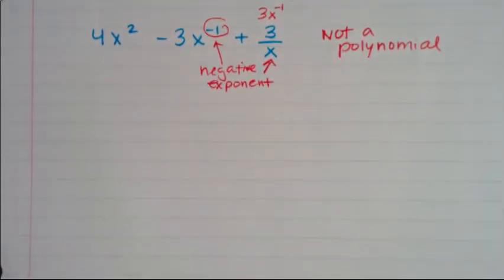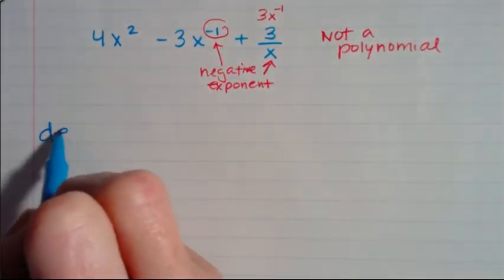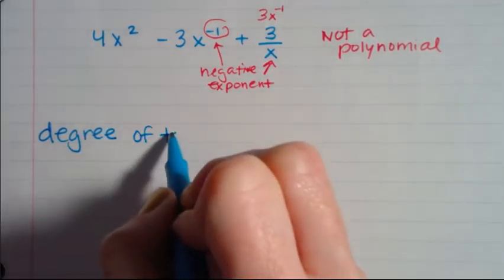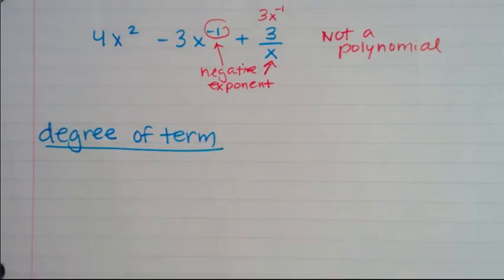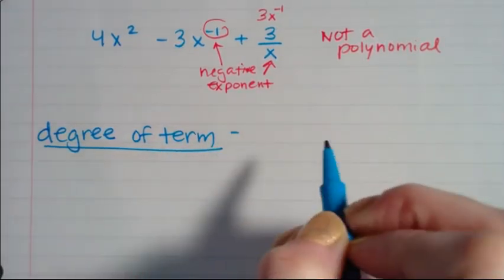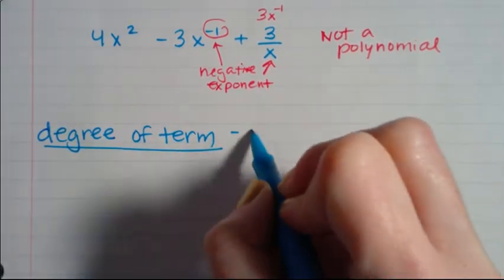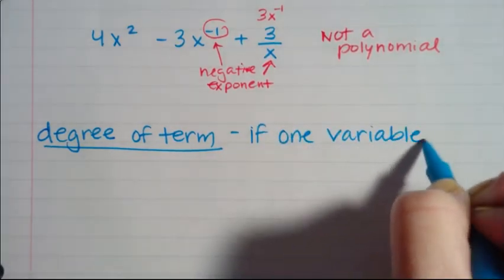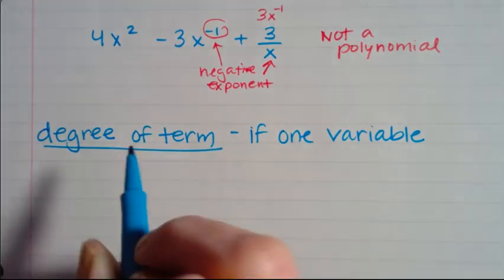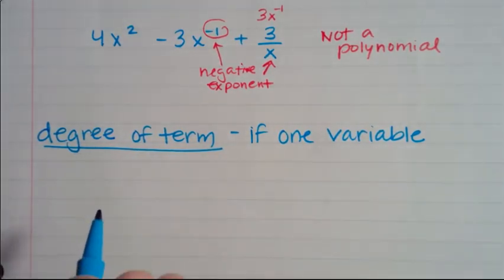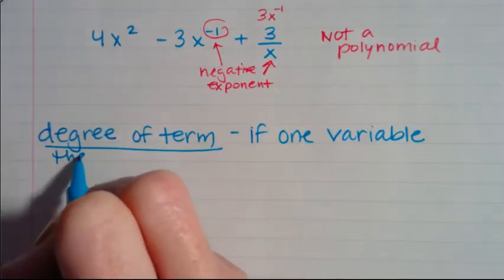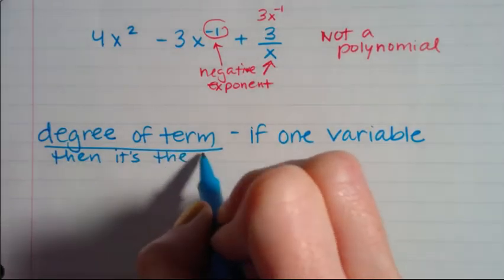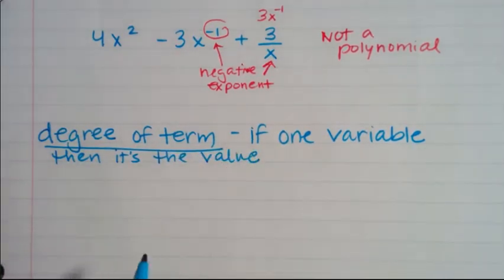Next vocabulary term, degree of term. If one variable, then it's the value of the exponent.